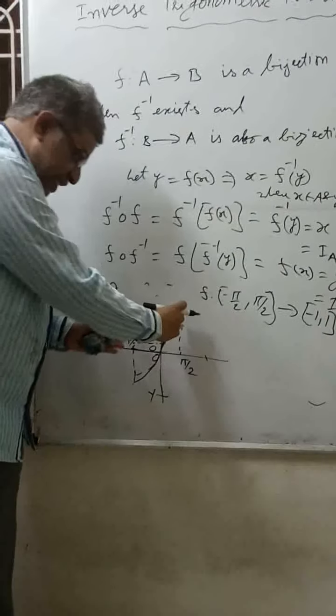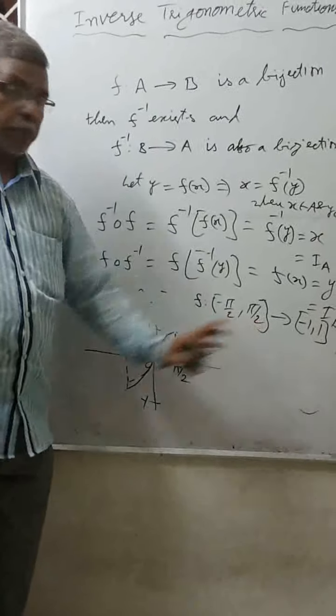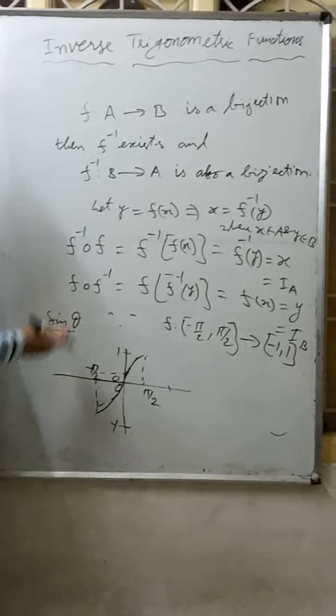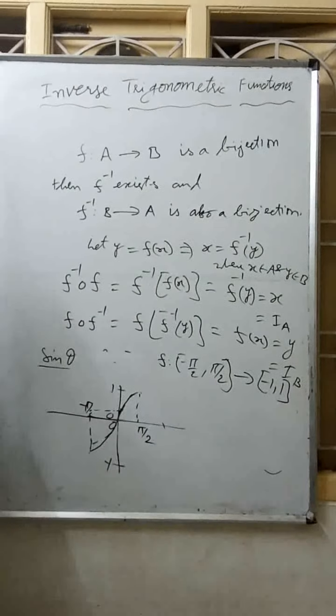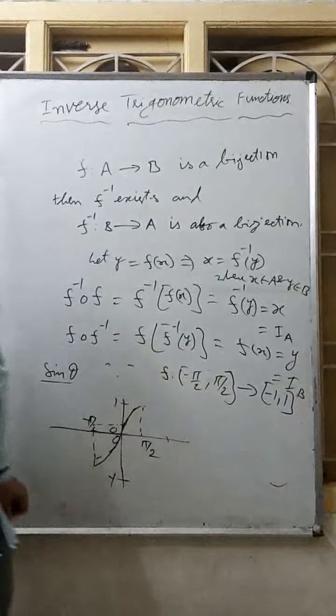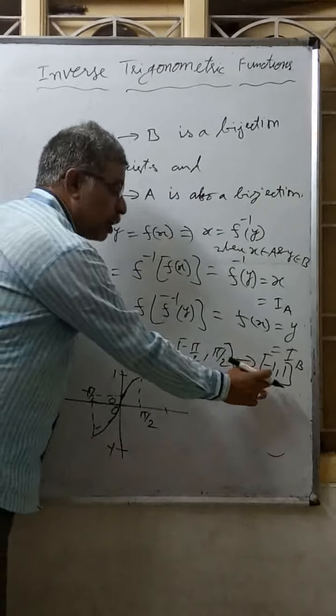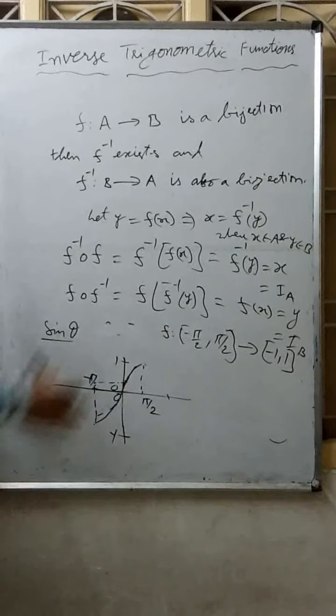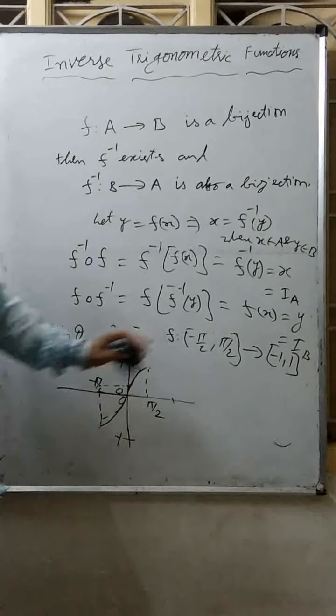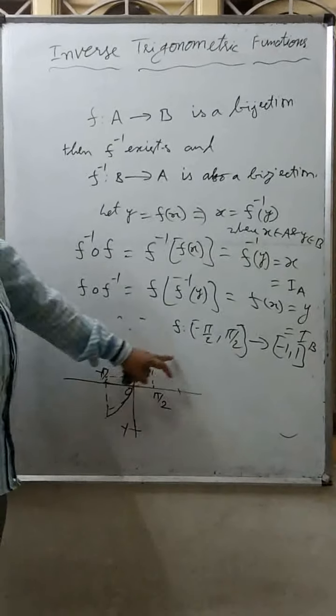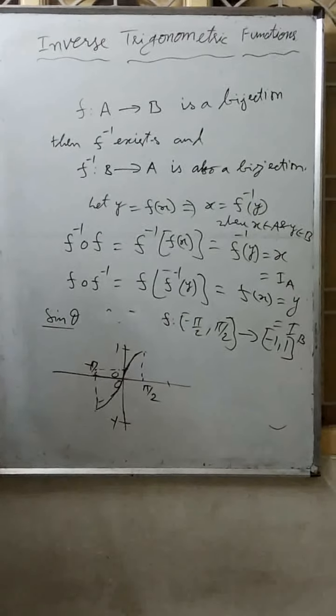So this is the principal domain, -π/2 to +π/2. If you want, you can extend the domains, -π/2 to -3π/2 or π/2 to 3π/2. So it gives you 1-1 and onto. In that interval, the range is -1 to +1, the codomain is also -1 to +1, so it is 1-1 and onto. So it is a bijection, it is invertible.